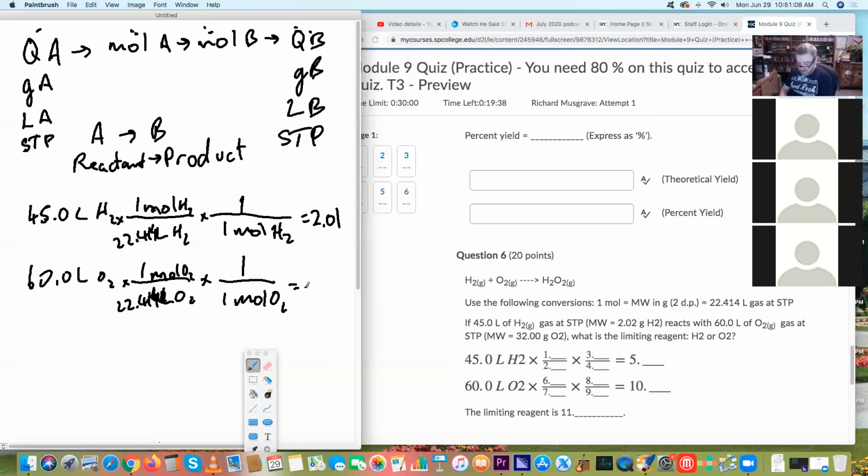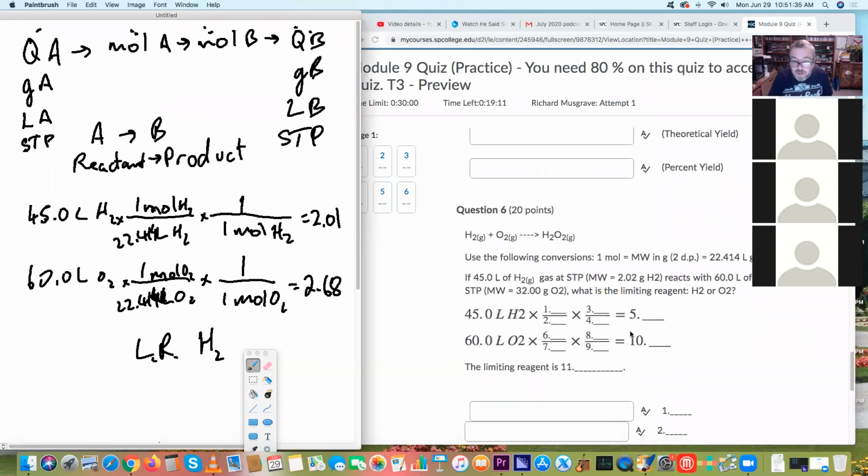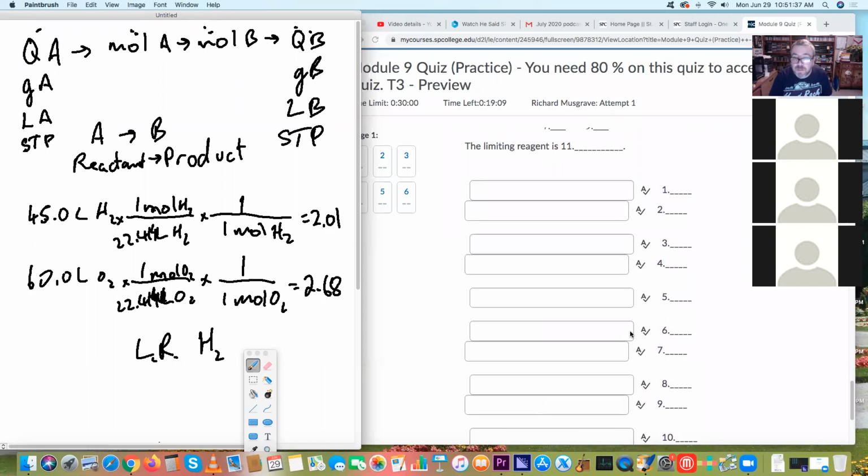So 60 divided by 22.414, 2.68. And again, no units on that. The limiting reagent here is the smaller one, which is going to be the H2, when we look at the mole ratios. All right, actually, specifically, what issues were you having with the labeling when you put them in here?